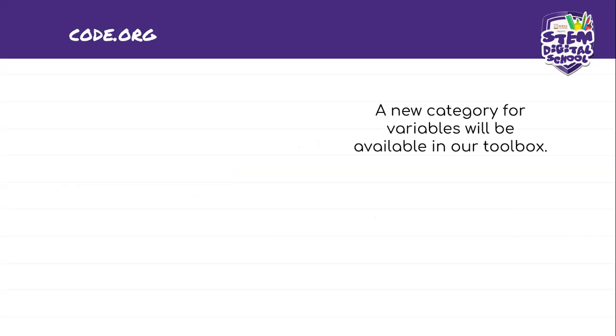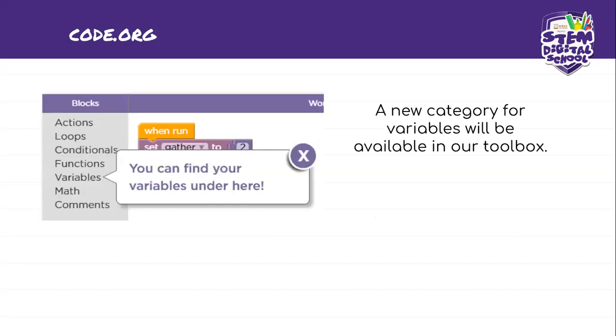Now, a new category for variables will be available in our toolbox, and there we can see it. Okay, so there's our toolbox, and inside our toolbox, you'll see two new options. You will see variables, and you will see math.